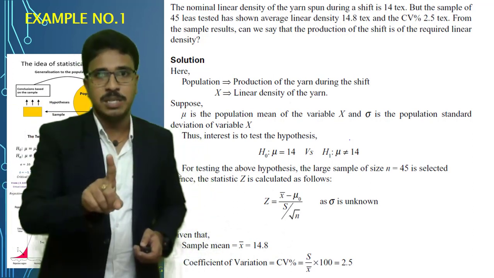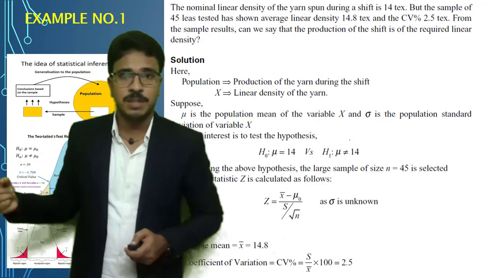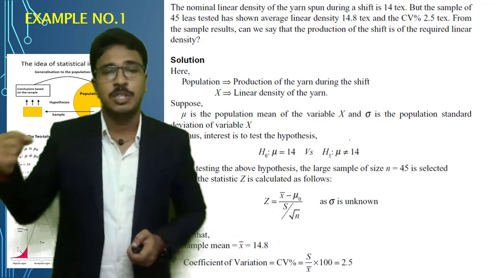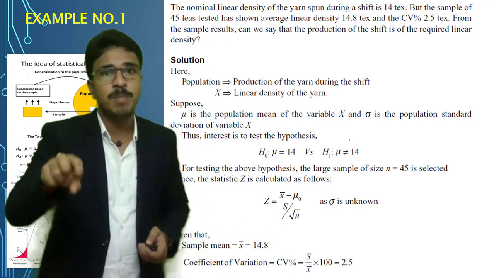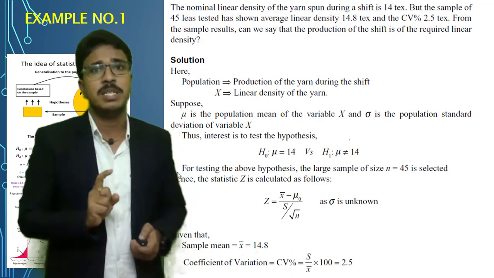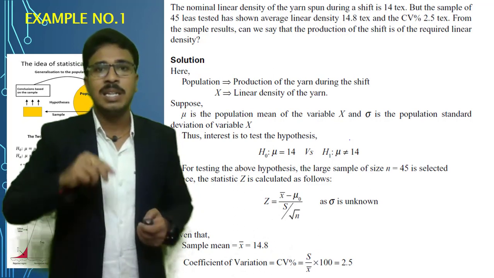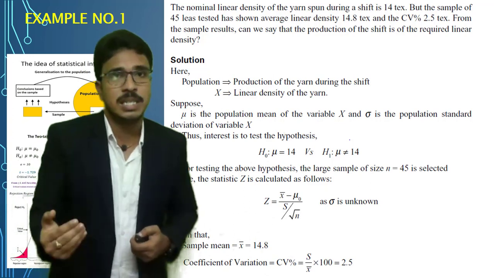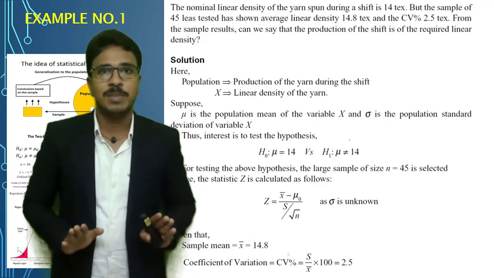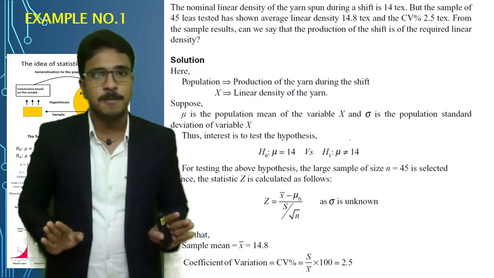Only one population, which is the yarn spun during a shift, and its population mean is given. The sample size is more than 30. So now we can confirm that it is a Z test for one population mean.